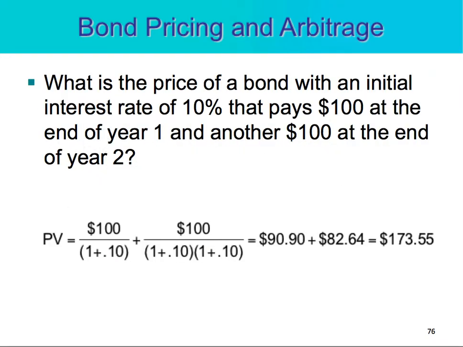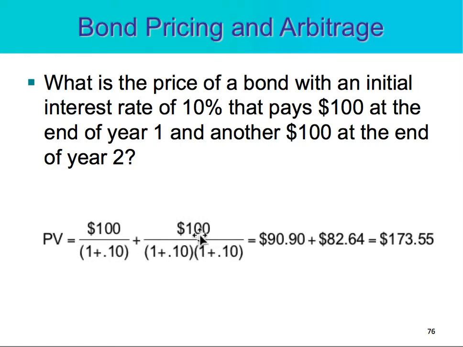Here you're getting two identical payments at the end of each year. Well, in that case, you say, I get one payment of $100 after 1 year, when the interest rate, again, was assumed to be 10% during both years. So that $100 payment at the end of 1 year is worth $90.90, 100 divided by 1.1.